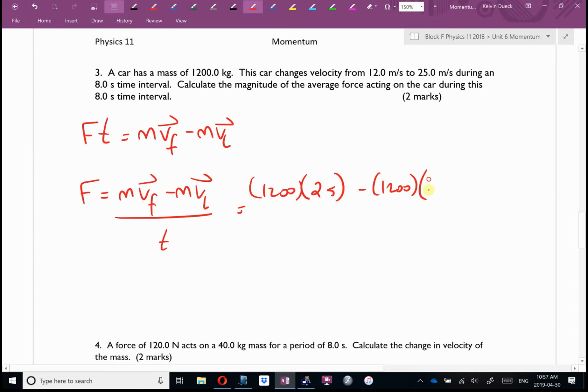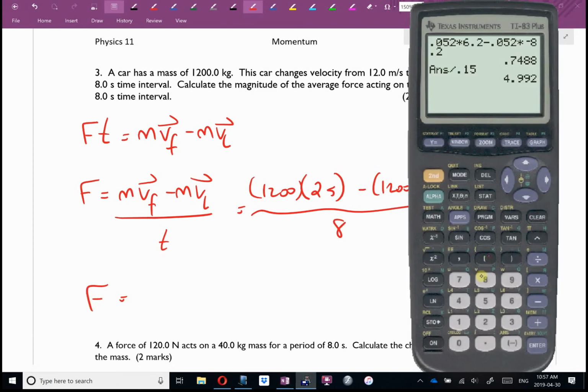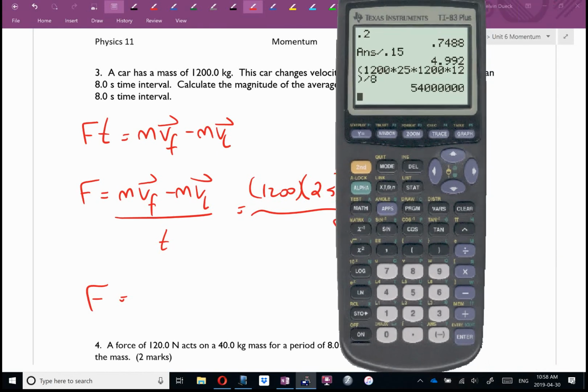I'm going to call the 12 positive, all over 8. 1200 times 25 minus 1200 times 12 all over 8. I got a times sign in there. Let's try that again. You get 1950, is that right?